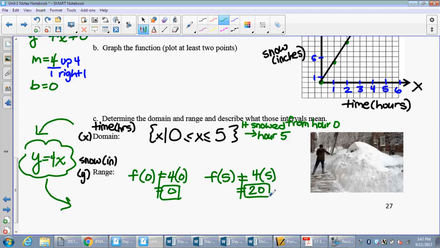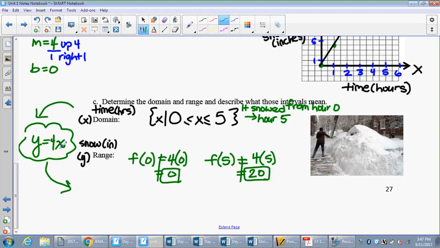I'm going to pause right there just for a second so you can look at that. Again, we used our model. We plugged in our smallest x and largest x to calculate our smallest y and our largest y.